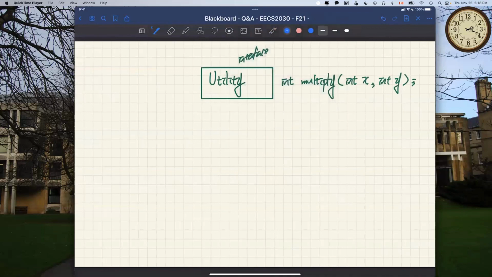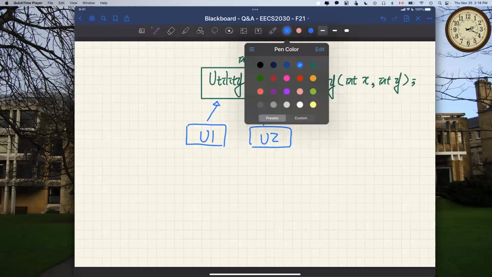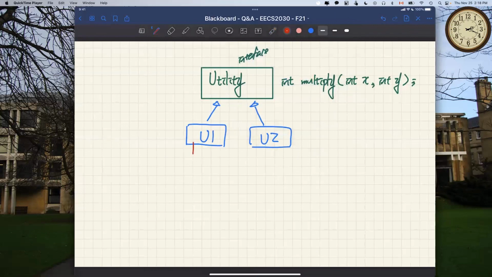And we can have alternative implementations. Let's say 2, so one would be utility 1, and another one is utility 2. In this case, we redeclare the method integer multiply, integer x, integer y, right?